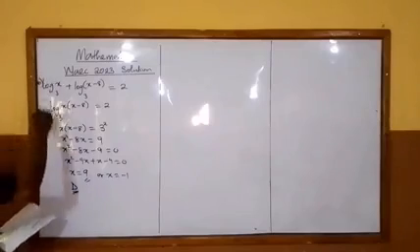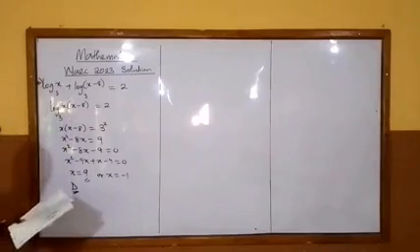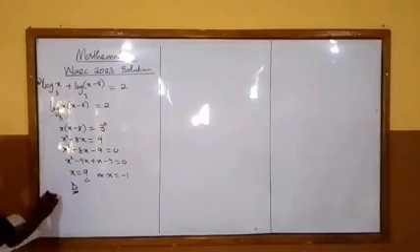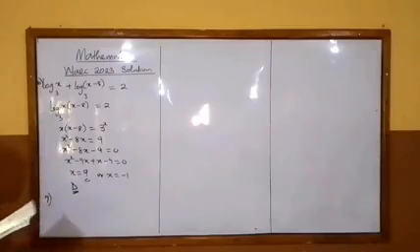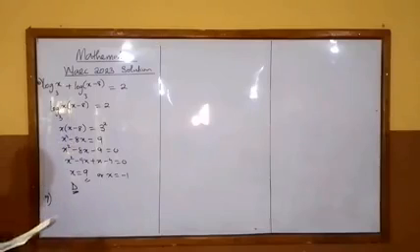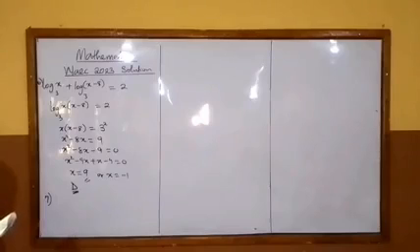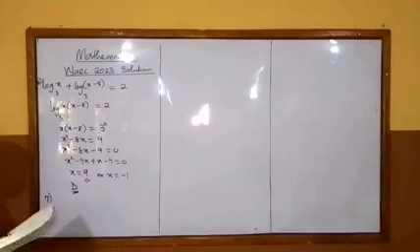Then number 7 of the WAEC question. The question says, Mr. Manu is 4 times as old as his son. In mathematics, if you see this question, that's a word problem leading to an equation.